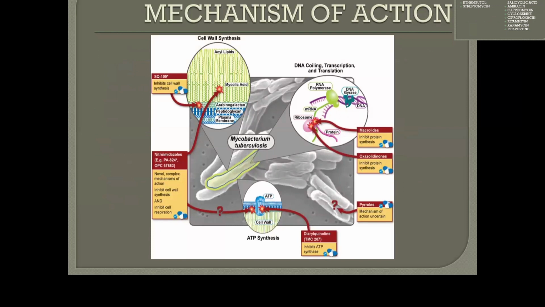Okay, now we have revised. Now we will revise the mechanism of action of the anti-tubercular drugs. Some drugs inhibit mycolic acid synthesis. Some inhibit the DNA dependent RNA synthesis. Some inhibit the tubercle bacilli in the walls of the cavities, and some act on the extracellular organism.